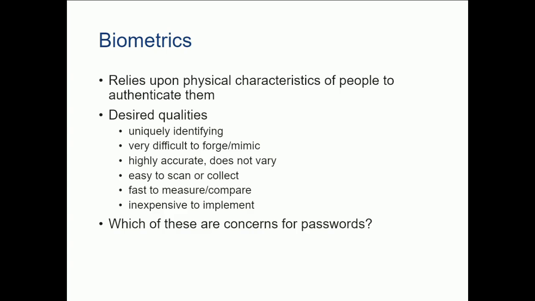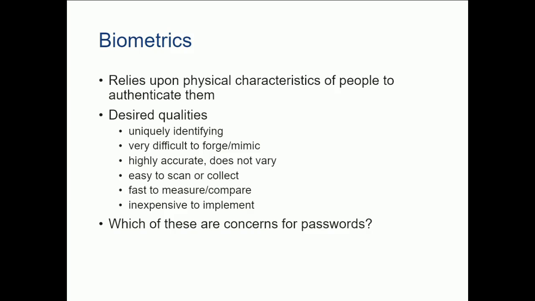But in order for a physical characteristic to be suitable to serve as a biometric, it needs to satisfy certain properties. That's the key. The first one is that it is uniquely identifying.